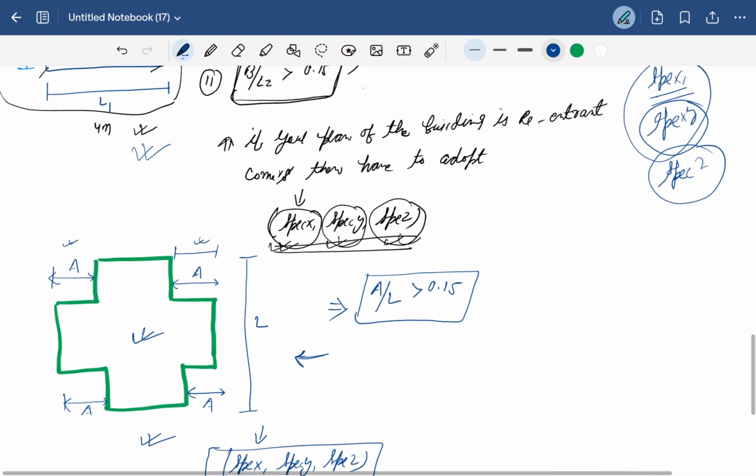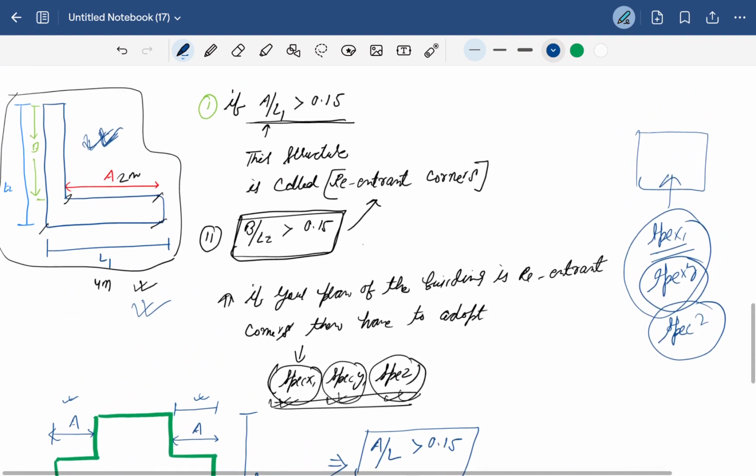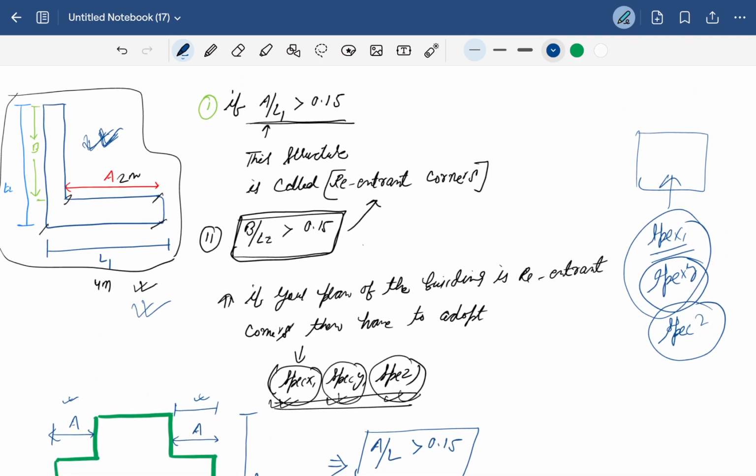I hope you understood the meaning of reentrant corners and the process to calculate whether the plan has reentrant corners or not. If suppose this is the plan of your building, and a by L1 is not greater than 0.15, then this structure does not have reentrant corners.